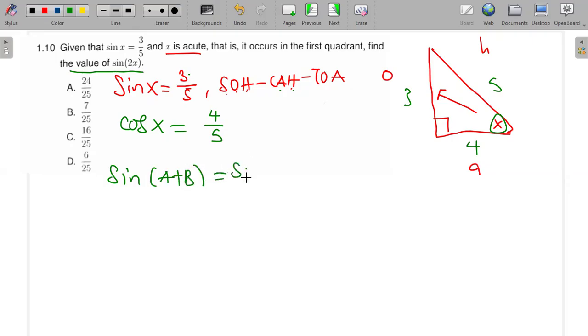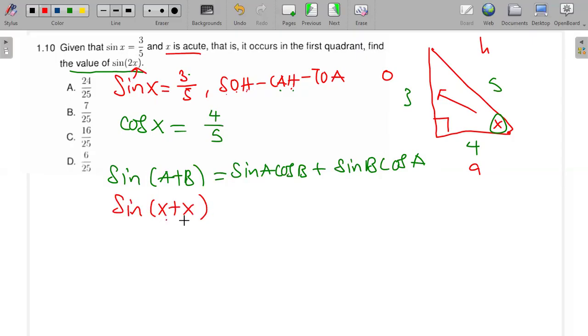This is the same as sine A cos B plus sine B cos A. So now when I am given 2x there inside, that's the same as x plus x. This will give me 2x.